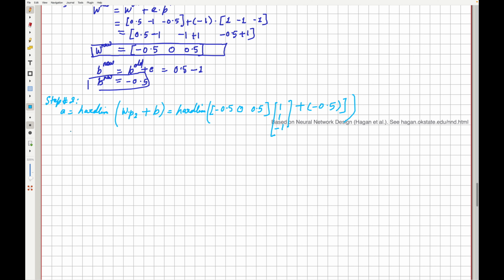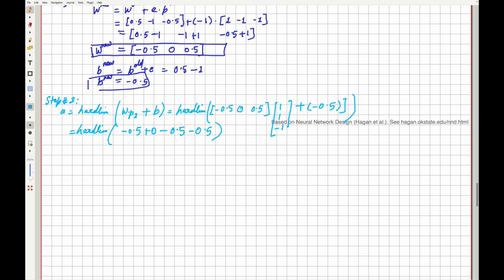With this, we come back here, it's a hardlim. This is going to be minus 0.5 times 1 is minus 0.5, and then we have 0 times 1, which is 0, so let's put that 0 there, plus 0.5 times minus 1 is minus 0.5, so let me just erase that plus 1, type a minus instead, 0.5, and then we have the other minus 0.5 there.